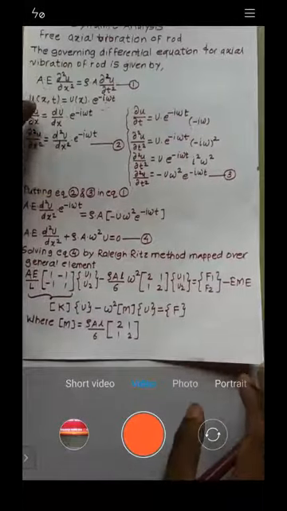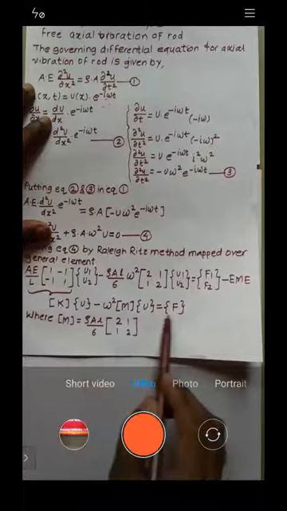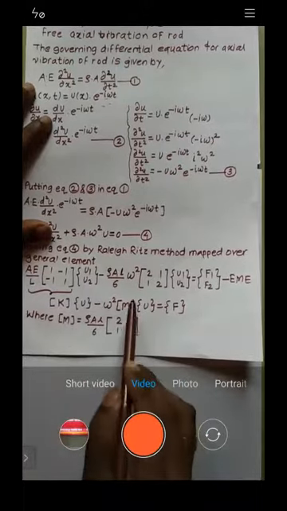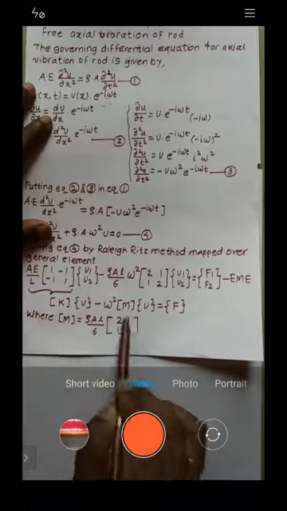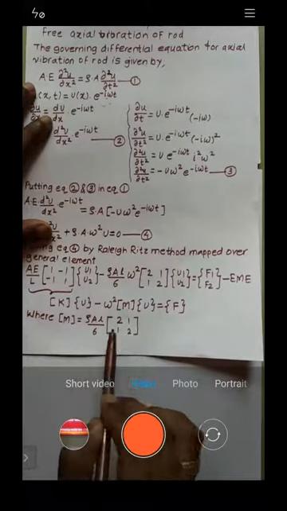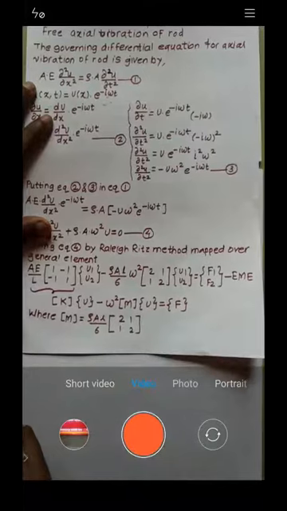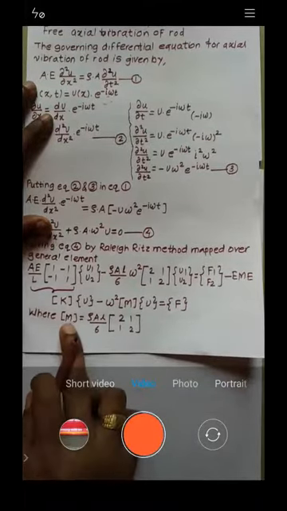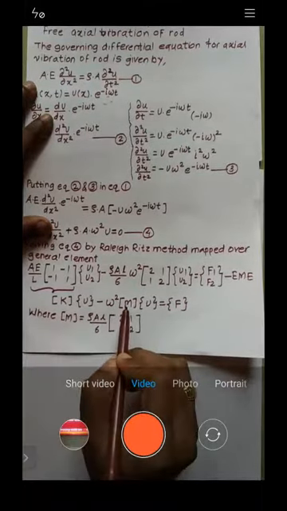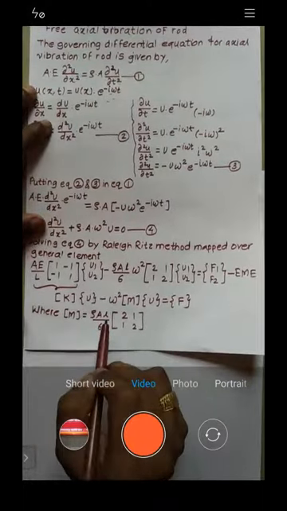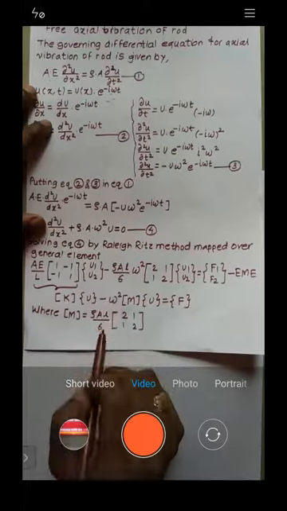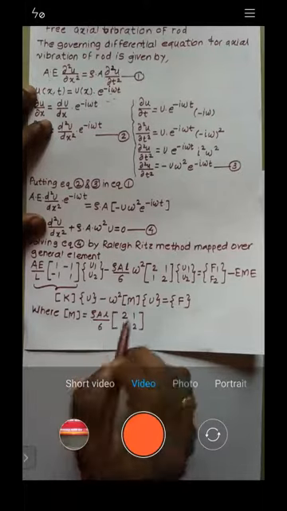See this equation. In this equation, you have written M. If you put this value of M, that is rho AL by 6 times 2, 1, 1, 2, then this approach is called the consistent approach, and you will get this frequency omega by using consistent mass matrices.